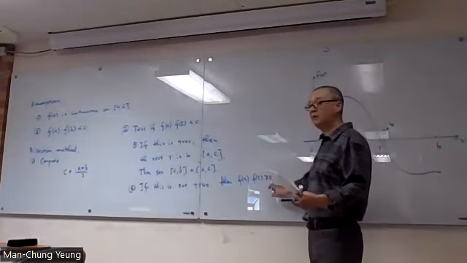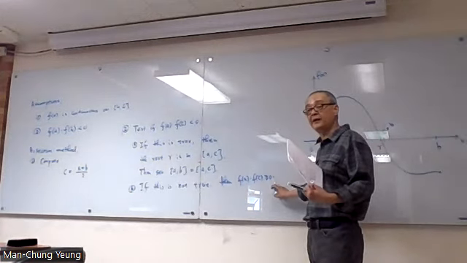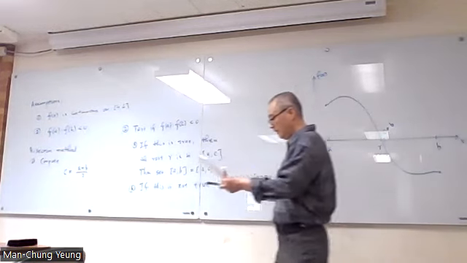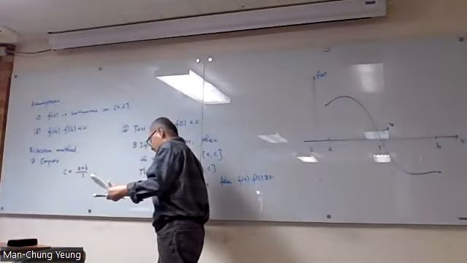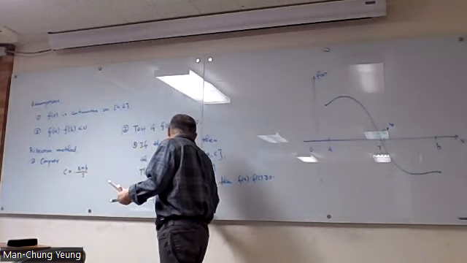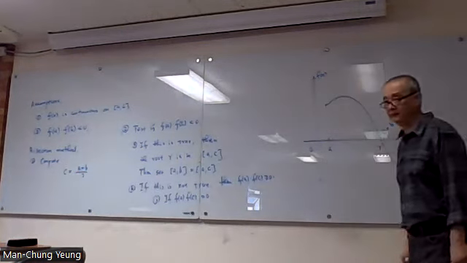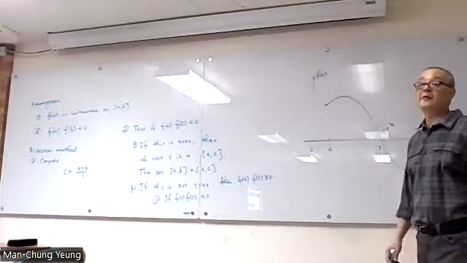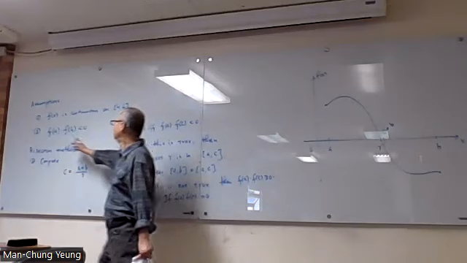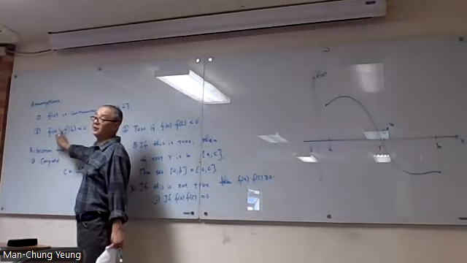Under this, there are also two subcases. Subcase one: f of A times f of C is 0. f of A must be non-zero, because from the beginning we assumed this.